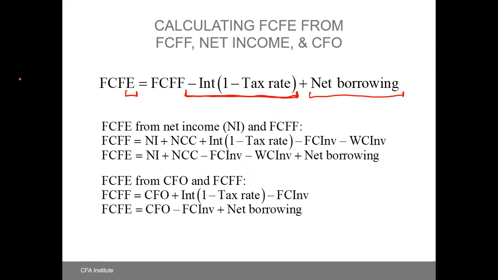And that cash balance is also available to the equity holders. That's why the new borrowing or net new borrowing is added. Now, if the net borrowing is negative, automatically it will be subtracted.